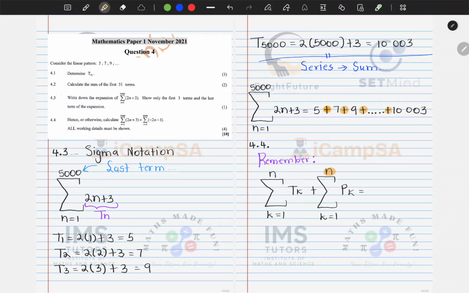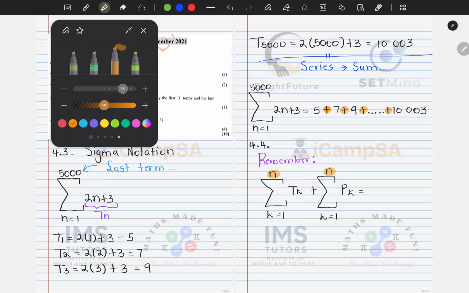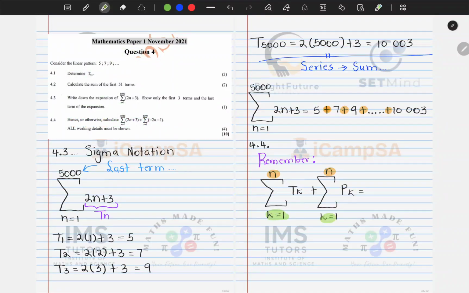Because these values are the same, and these ones are also the same, I am allowed to do something like this. So I can have k equals 1 to n, and then I just sum these. So it just becomes tk plus pk. Okay, that I'm allowed to do.